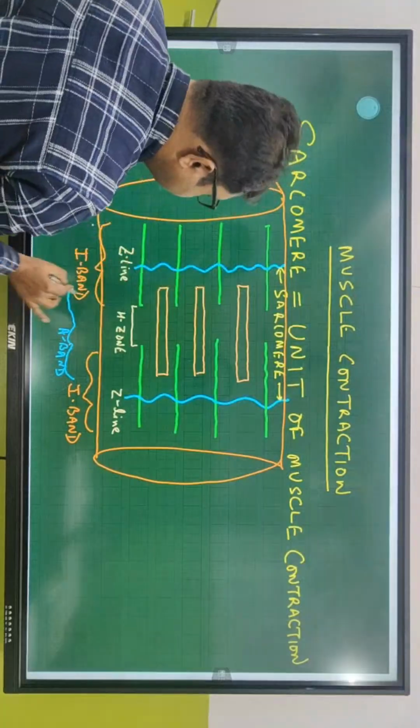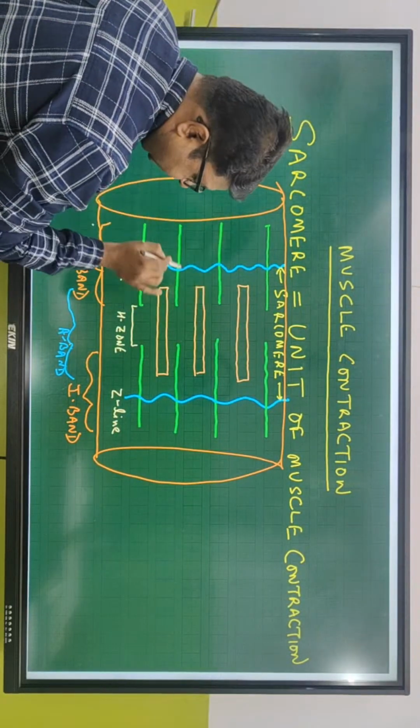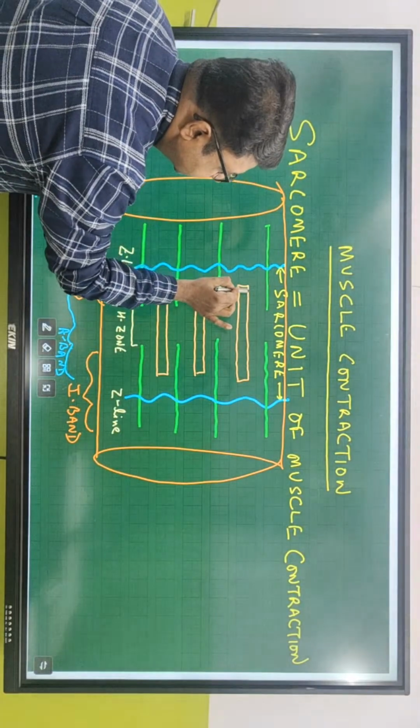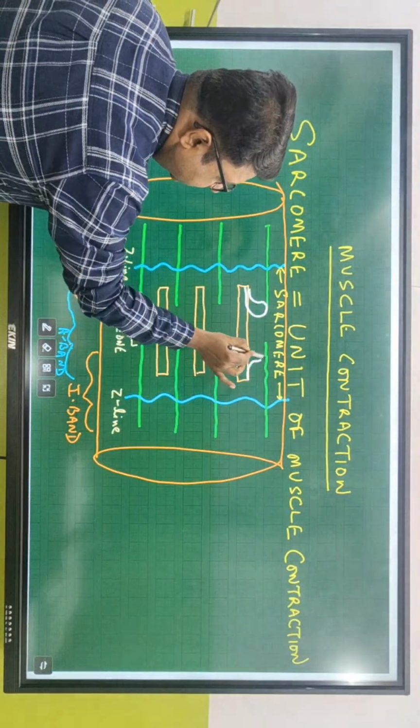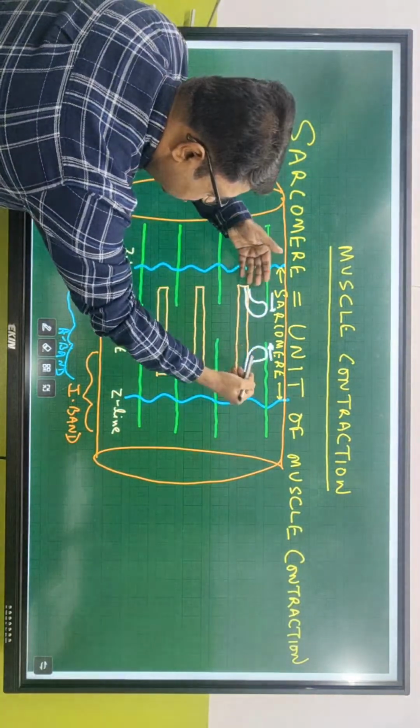Now, from the myosin, this is the head which joins over here with the actin filament and pulls these two close together.